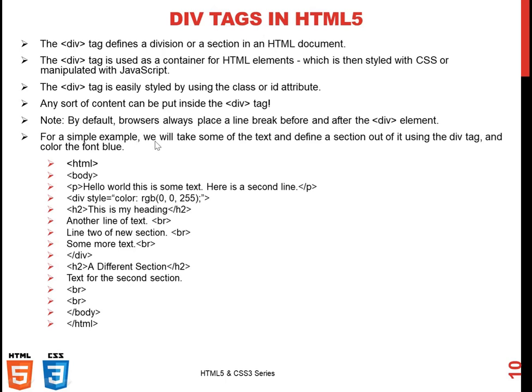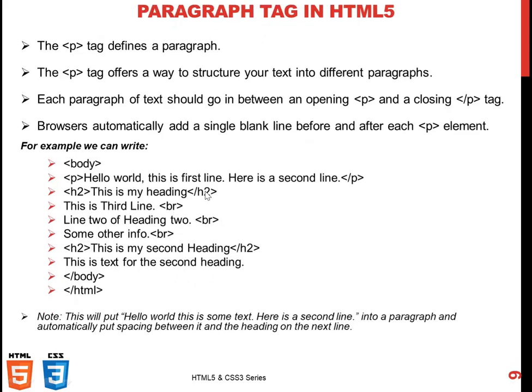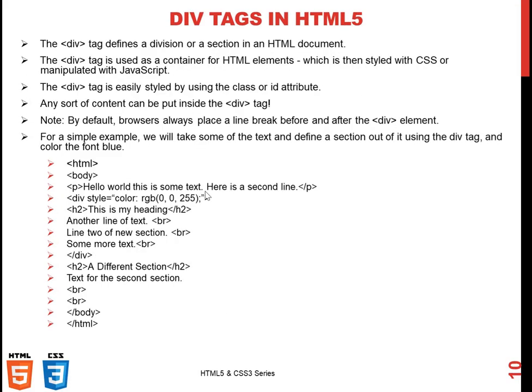For a simple example, we will take some of the text and define a section out of it using the div tag, coloring the font blue. In this slide, in the code, as you can see, we have similar code as we did for the paragraph, and now with slight changes in the div section, we will add a div section with a color of RGB, and we close the div here.